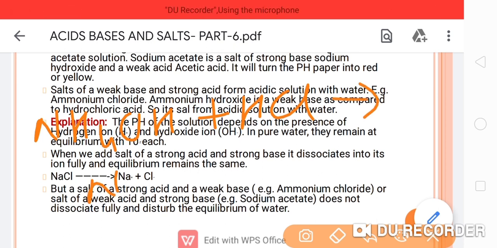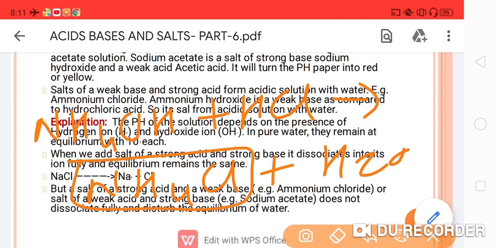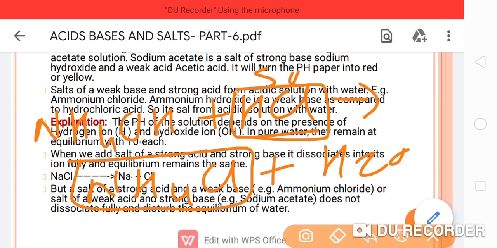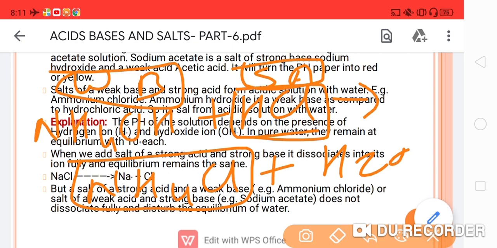Ammonium chloride and H2O. So this will be an acidic salt, because here is the strong acid and here is the weak base. So when a weak base interacts with a strong acid, the salt that forms will be an acidic salt.